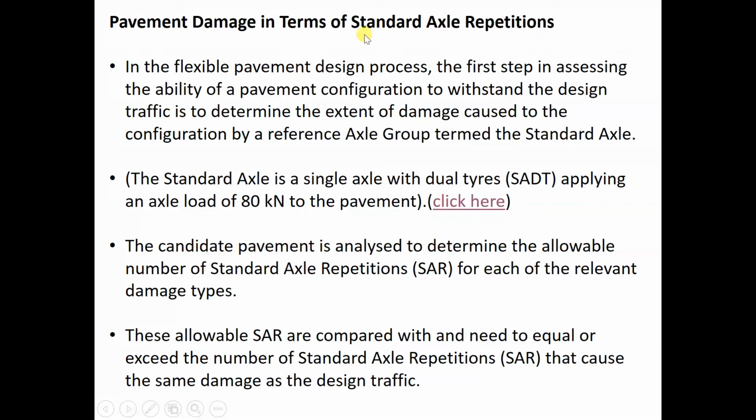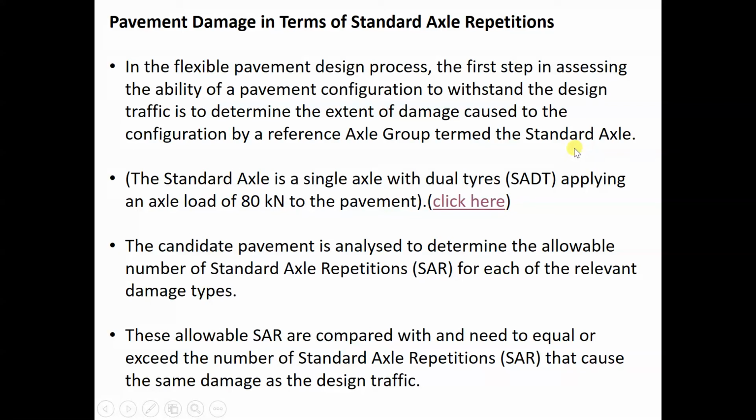Pavement damage in terms of standard axle repetition. Okay, in the flexible pavement design process, the first step in assessing the ability of a pavement configuration to withstand the design traffic is to determine the extent of damage caused by the configuration by a reference axle group, termed the standard axle.